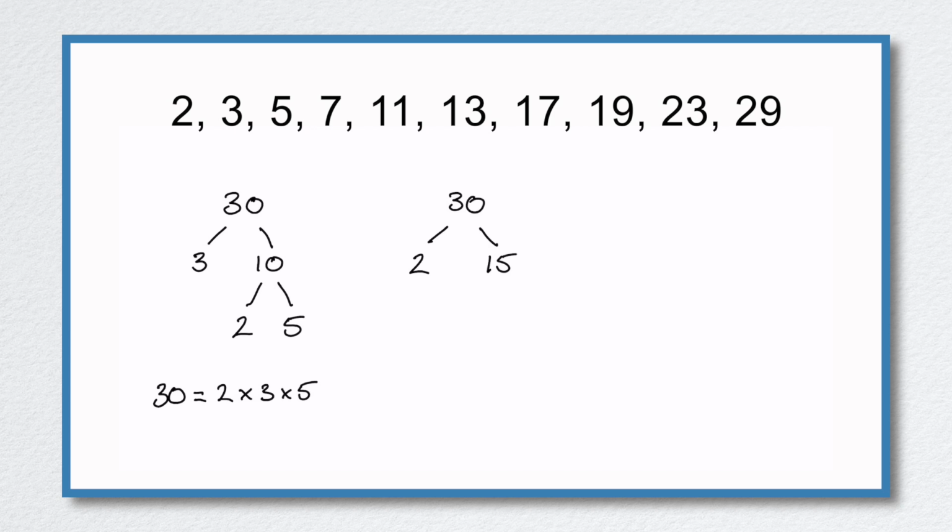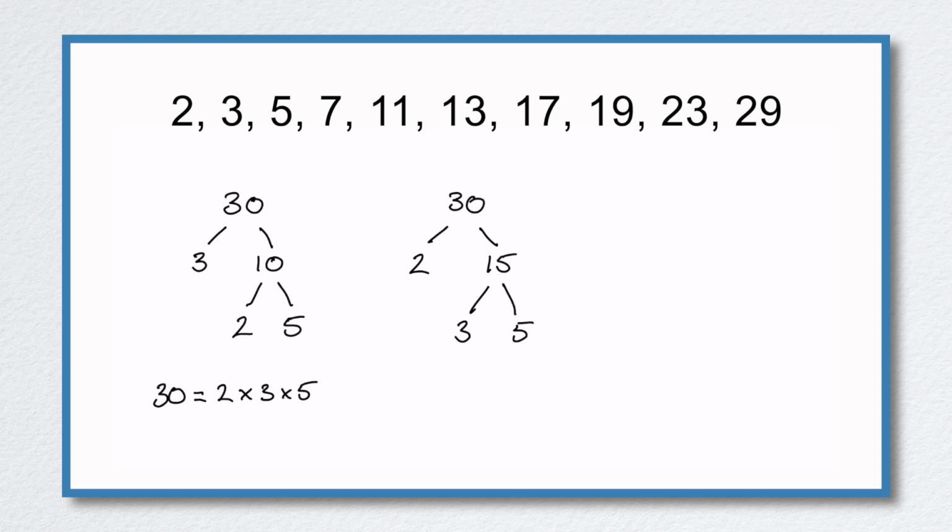2 and 15 are factors of 30. 2, however, also happens to be a prime factor, because we know that 2 is a prime number. But 15 isn't a prime factor. We can actually break 15 down into 3 multiplied by 5. 3 times 5 is 15.